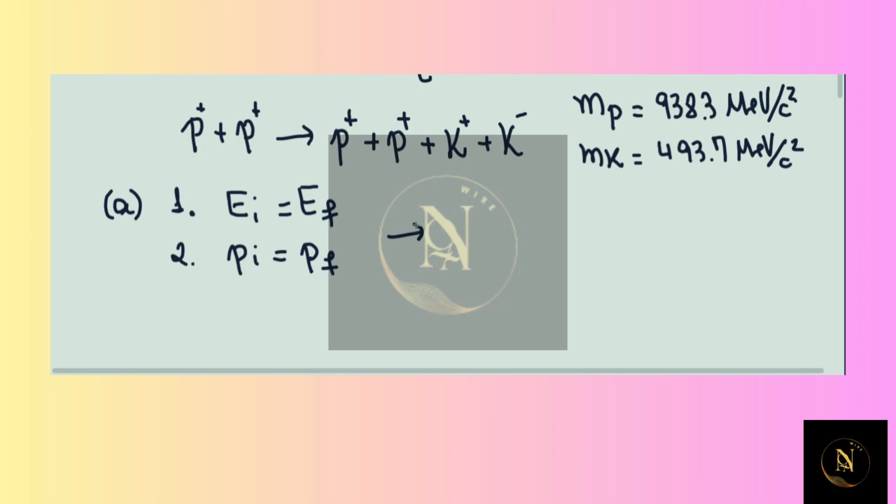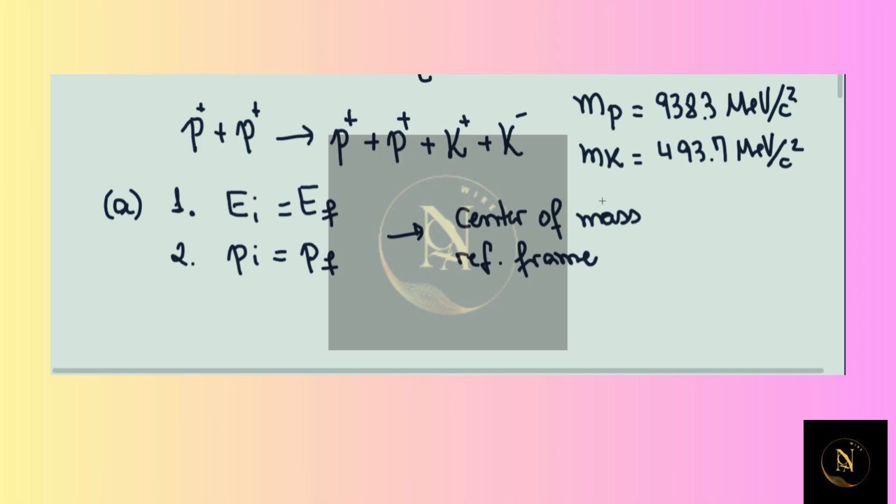Instead, we're going to move on to the center of mass reference frame, and then from that reference frame we can go back to the lab reference frame afterwards. But all the initial calculations we're going to do in the center of mass reference frame.